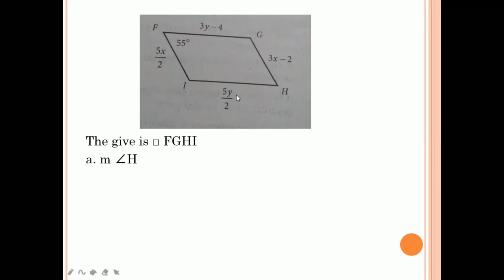Again, in a parallelogram, the opposite angles are congruent. So what is the opposite angle of angle H? It is angle F that measures 55 degrees. So the measure of angle H is also equal to 55 degrees because opposite angles are congruent.